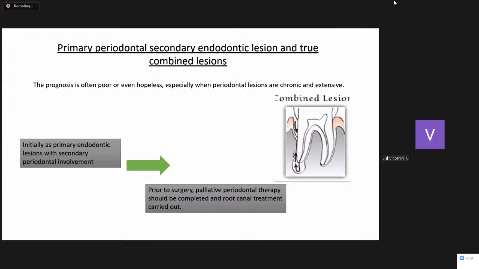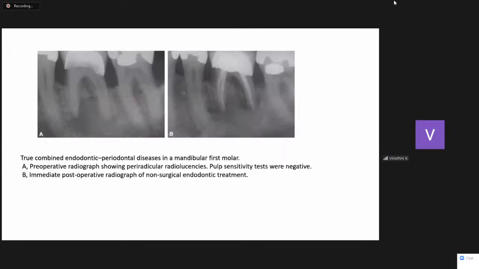So all the irrigants or medicaments we use in the endo treatment may enter the pulp and reach the periodontium. In that case, it may cause secondary perio again, even after doing treatment. Or all the microbes present inside the pulp may reach the periodontium and damage it again. So that's why we always have to do endo first and consider perio later.